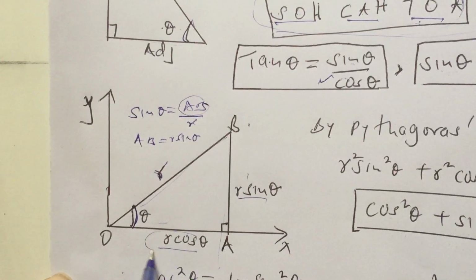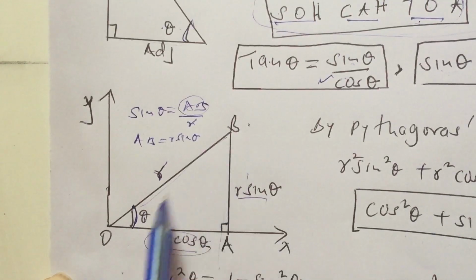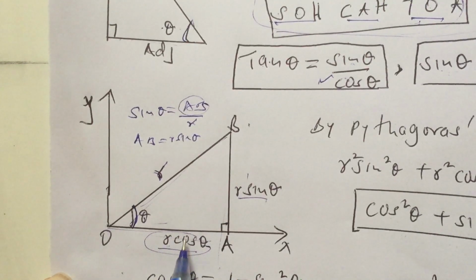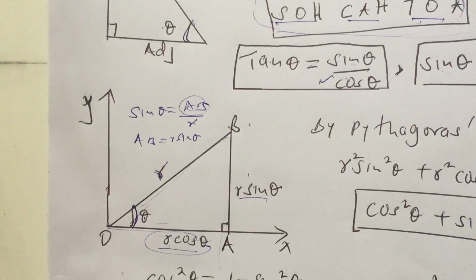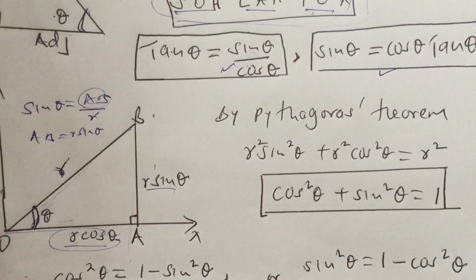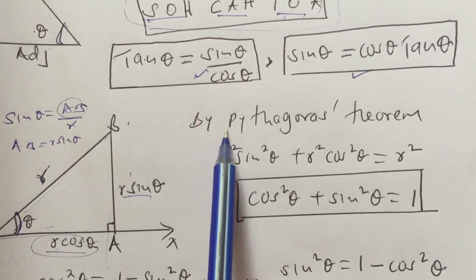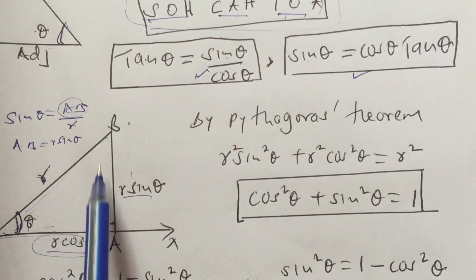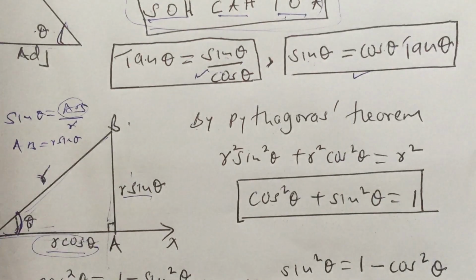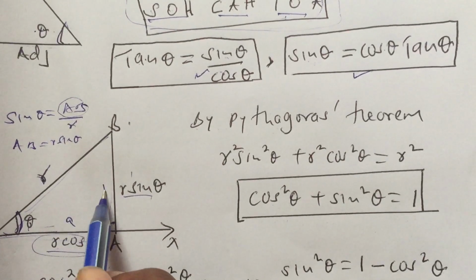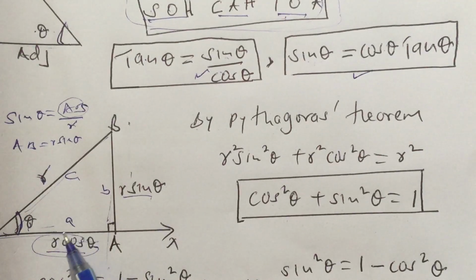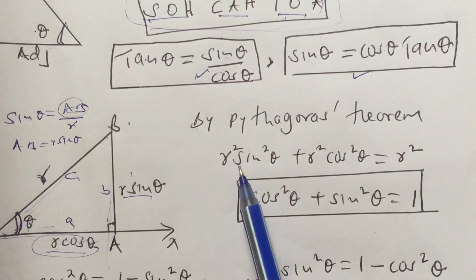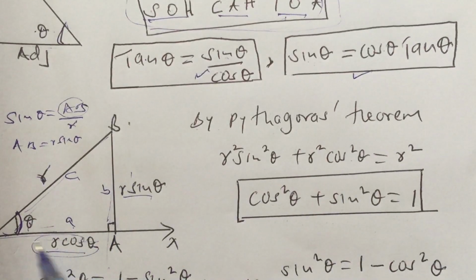The same thing can be done here by relating cos of this angle to adjacent and hypotenuse, so that you can write this side in terms of r cos theta. Then, applying the Pythagoras theorem, if I call the sides A, B, and C, then A squared plus B squared equals C squared, which I've done at this point, then substituted the values.